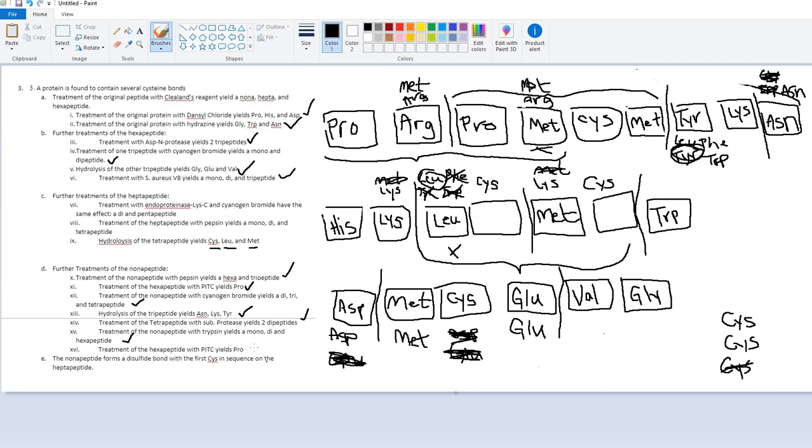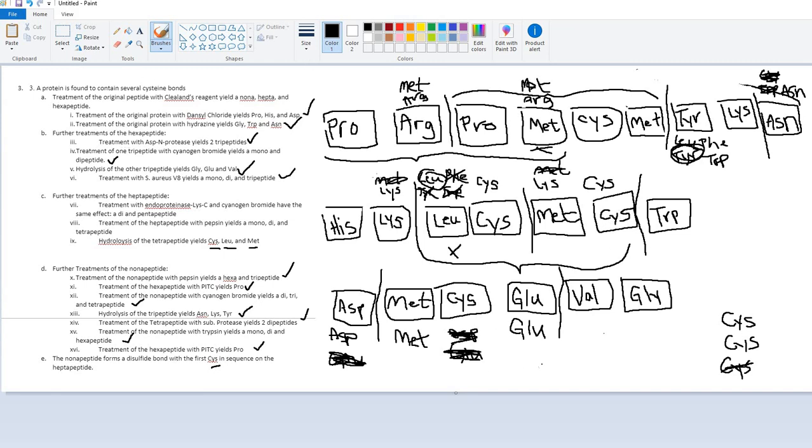And for the last clue, it says the nonapeptide forms a disulfide bond with the first cysteine in sequence on the heptapeptide. So from this clue, we're left to assume that there's multiple cysteines on the hexapeptide, and there's only 2 spots left. So we can fill in a cysteine here, and we can fill in a cysteine here.